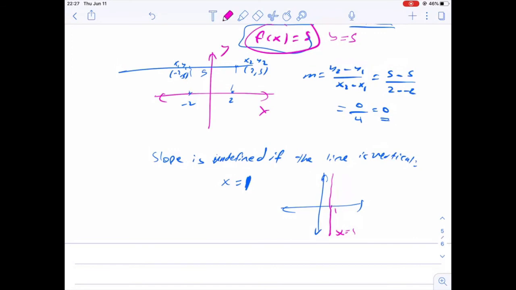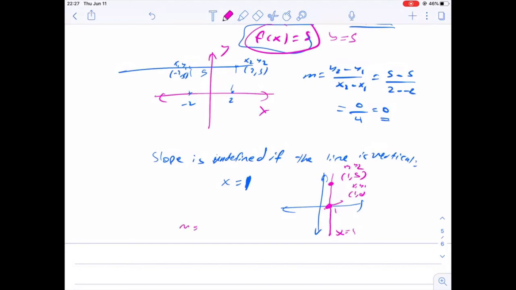So here, as you can see, the slope is undefined, because the denominator is 0. You can choose two points, for example (1, 0) and (1, 5). This is x1, y1, this is x2, y2.